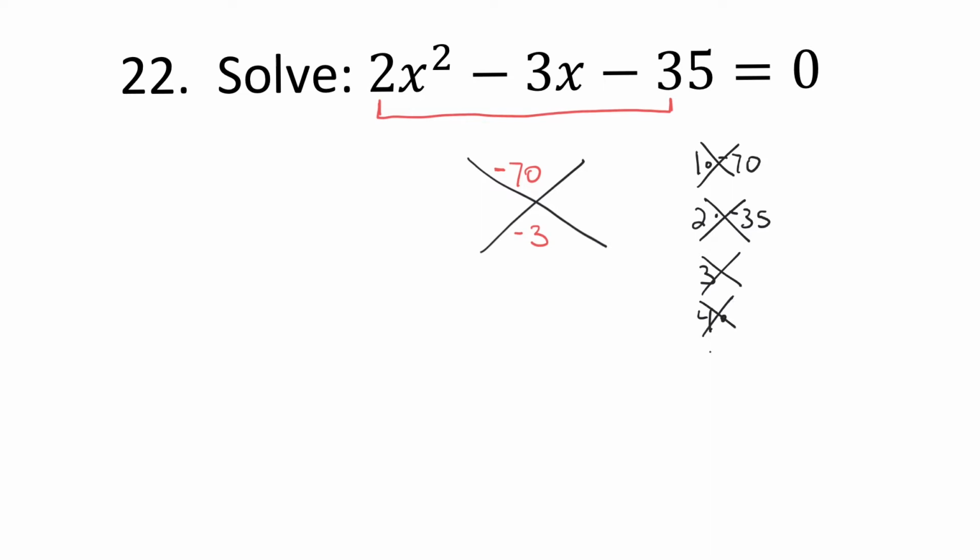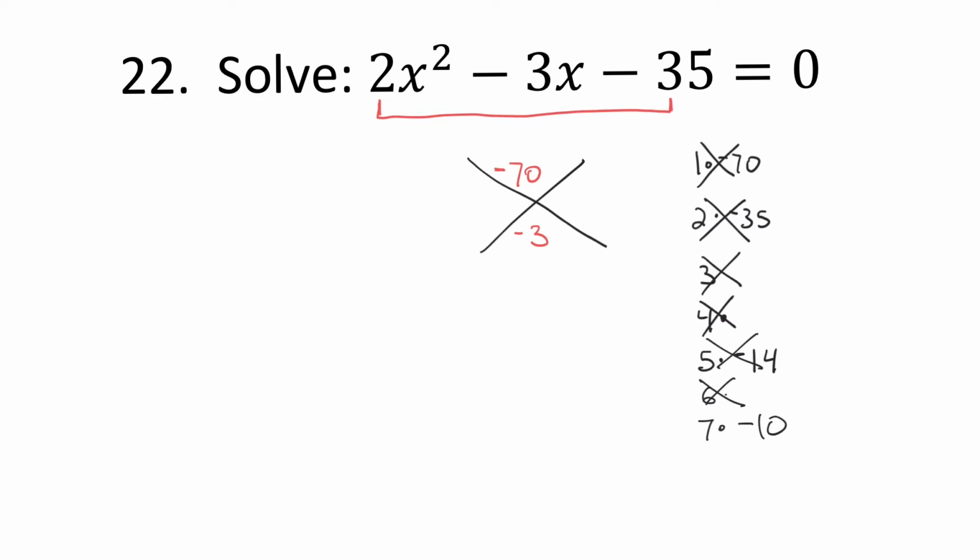You can try 5 times negative 14. That's not going to work because it's not going to give me negative 3. You can try the 6. Well, 6 doesn't go into 70, that doesn't work. 7 times negative 10. Look at that, guys.